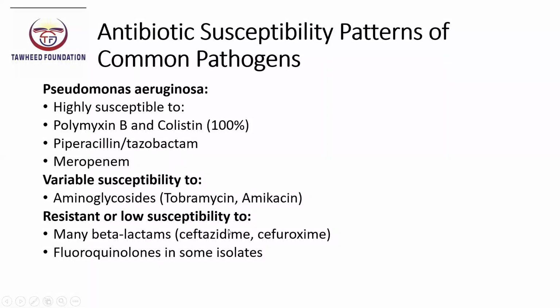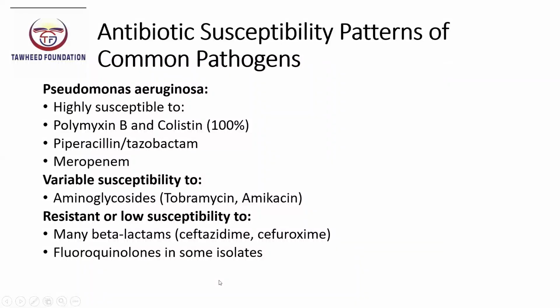Aminoglycosides like amikacin, tobramycin and gentamicin have moderate activity, but resistance trends are alarming. So the cephalosporins, ceftazidime and cefuroxime, and fluoroquinolones are less effective due to multiple resistance mechanisms, including mutations in target enzymes.